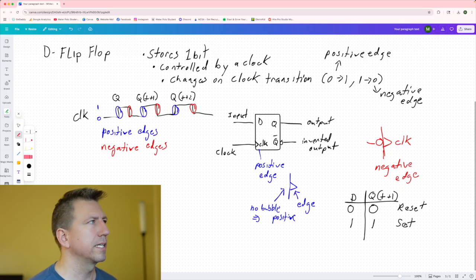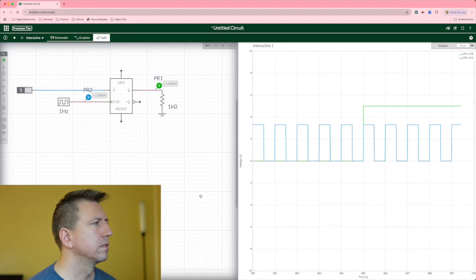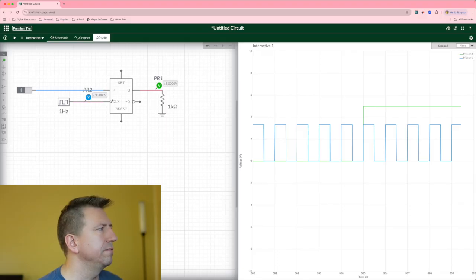Let's take a look at it in action. I've gone ahead and built up this circuit, and you can see right here we have the D flip-flop and the D input, with a digital constant attached that I can change from logical value 1 to 0 and back.